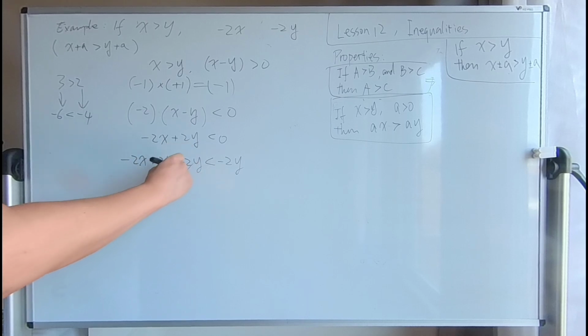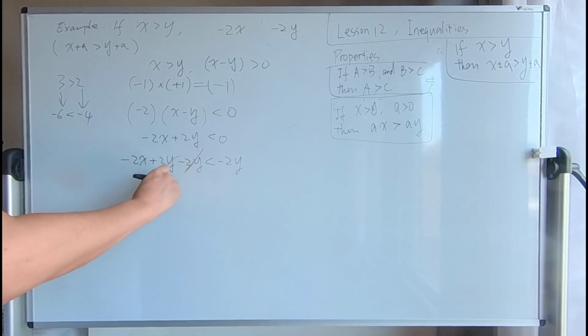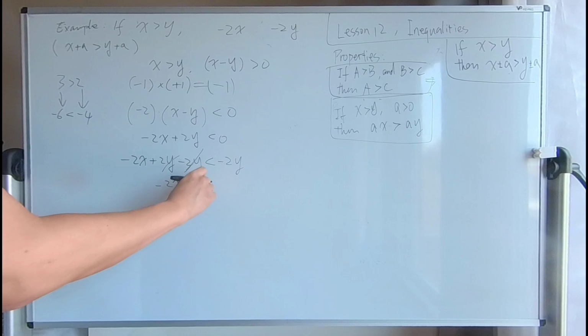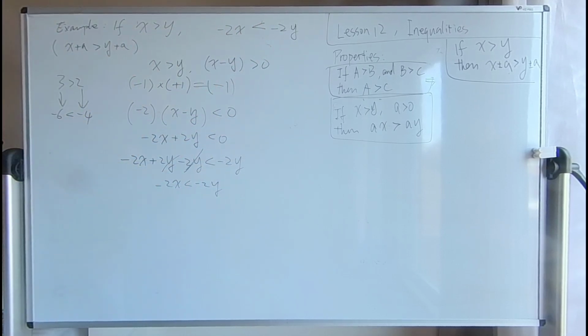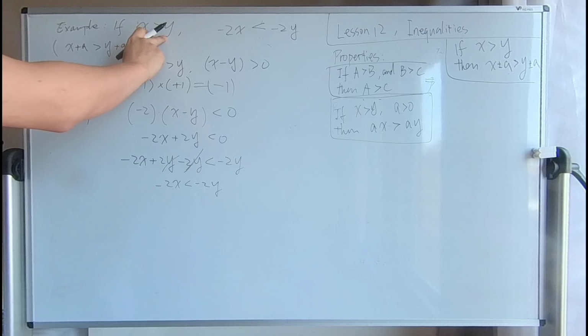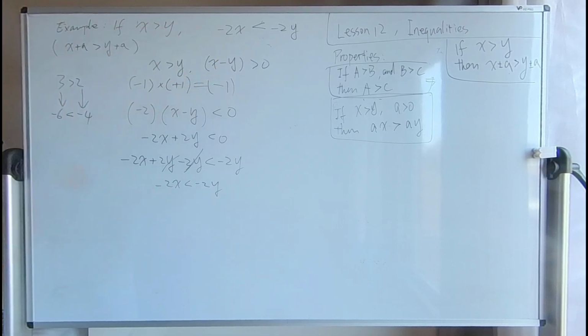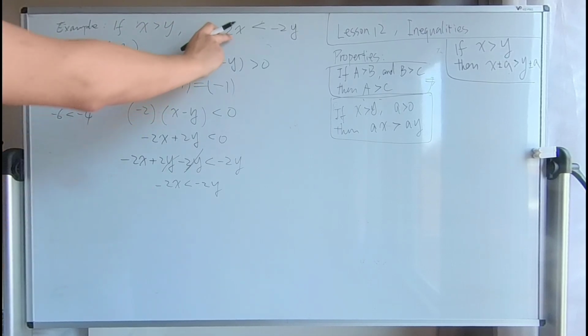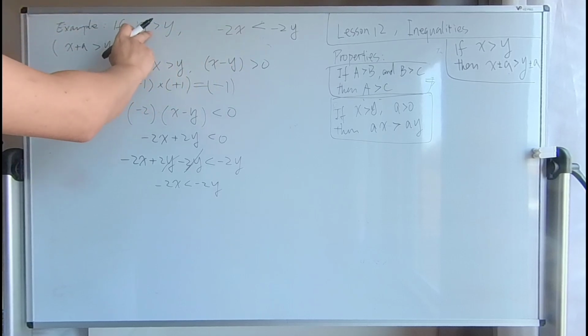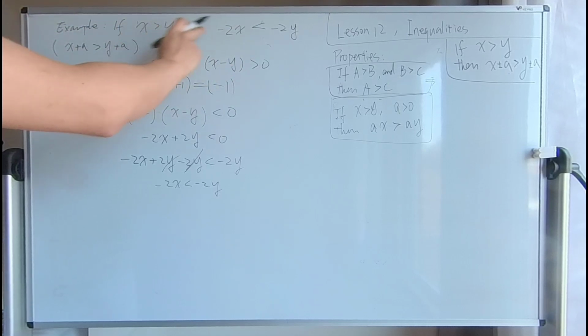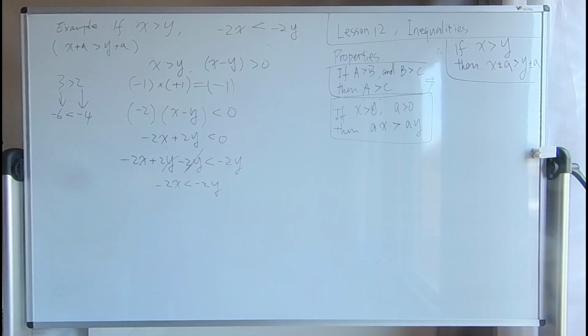So then I have minus 2x is less than minus 2y. It's less than. See? So in this example, if x is greater than y, but you're multiplying a negative factor on both sides, the sign changes from greater than to less than.